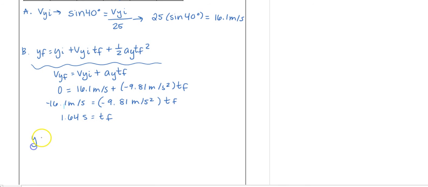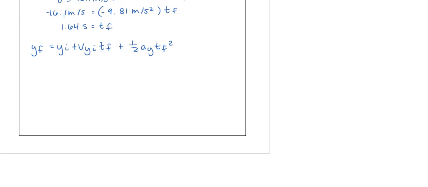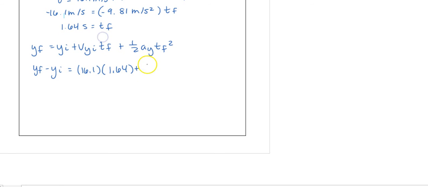And now I can plug that back into the original equation up at the top. I'm going to leave units off because I don't want to run out of room.